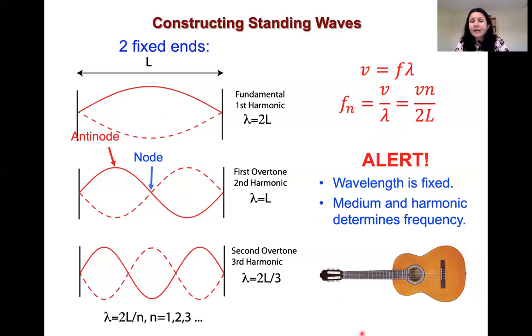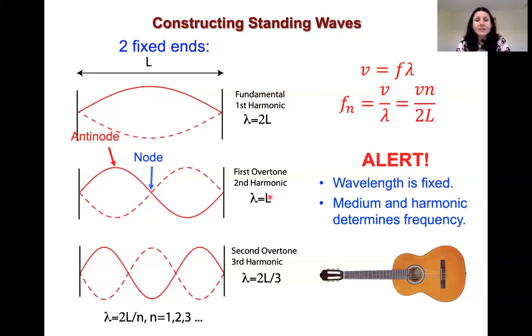So when you pluck your string, basically what you're doing is you're exciting all these different harmonics. Typically the fundamental harmonic is the dominant one, so that's the one that you're most likely to excite, especially if you pluck the string right at the center.